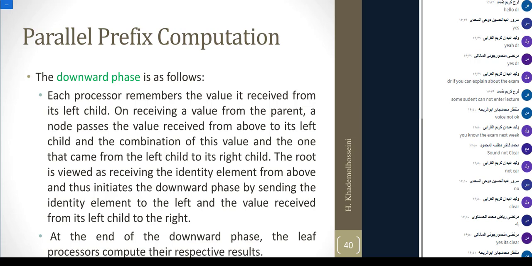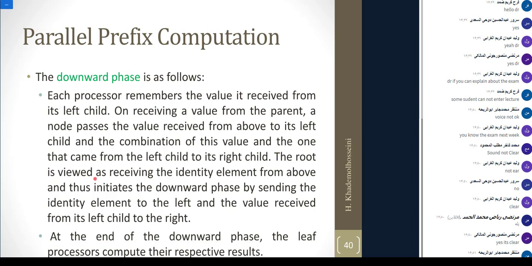So it saves the value received from the left child, and then it receives something from up. The value received from up is moved to the left child, and the combination of the value from up and the value from left is moved to the right child. So it has a specific method.